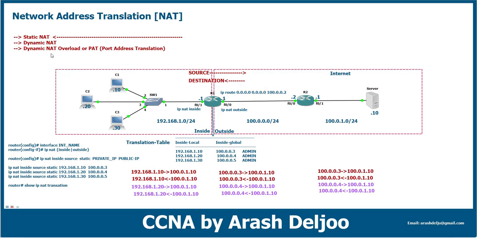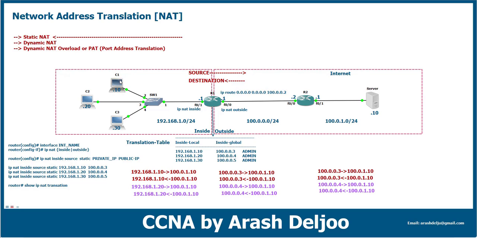Static NAT is not used for saving public IP addresses. The function of static NAT is publishing one server inside of our network to the outside. Assume that here we have one computer or one server, and we want to publish this server to the internet.